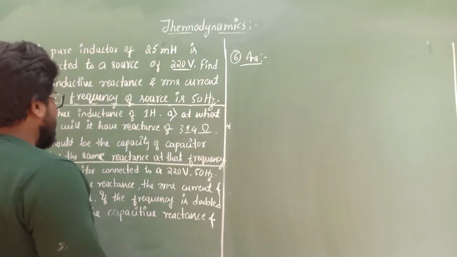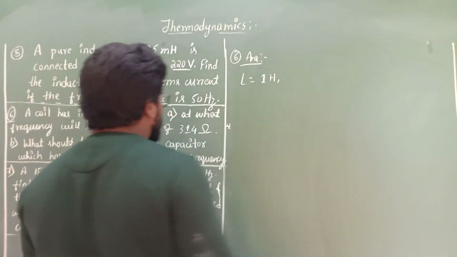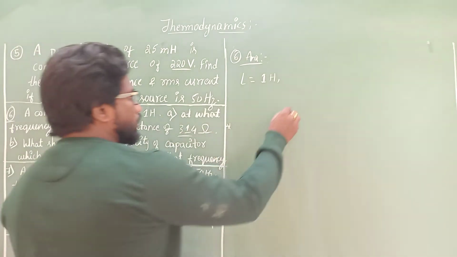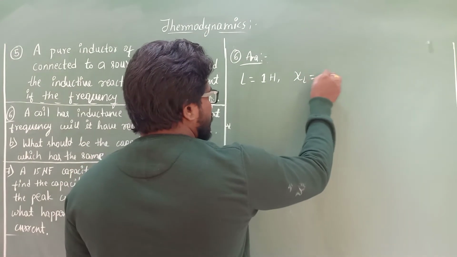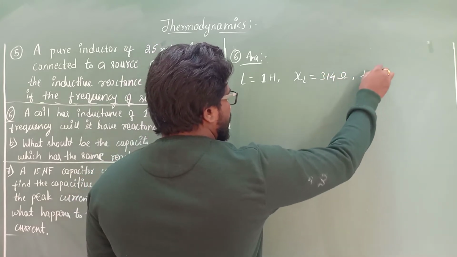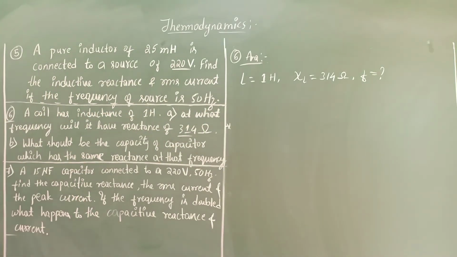The coil has an inductance, L is equal to 1 Henry. At what frequency will it have a reactance of 314 ohm? XL is given, that is 314 ohm. We need to find the value of F. So what is the formula?